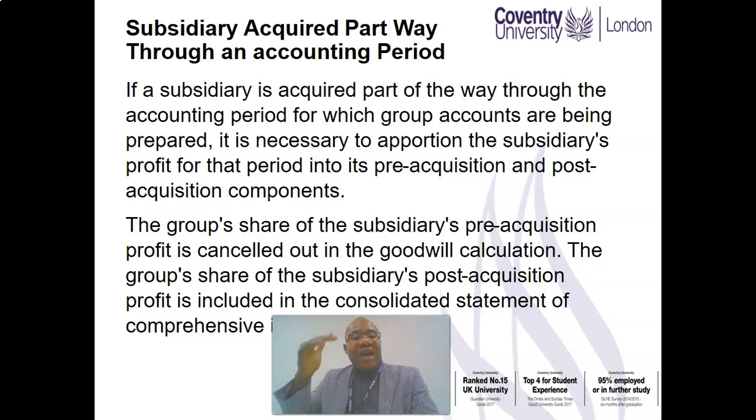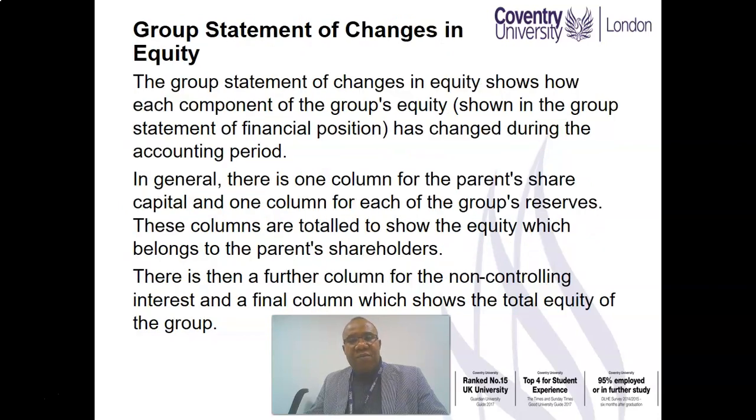And all the items will simply be 9/12. The group share of the subsidiary's pre-acquisition profits, in other words, 3/12, will go into the goodwill calculation. And the share of the post-acquisition profit is added on a line-by-line basis in the consolidated statement of comprehensive income.